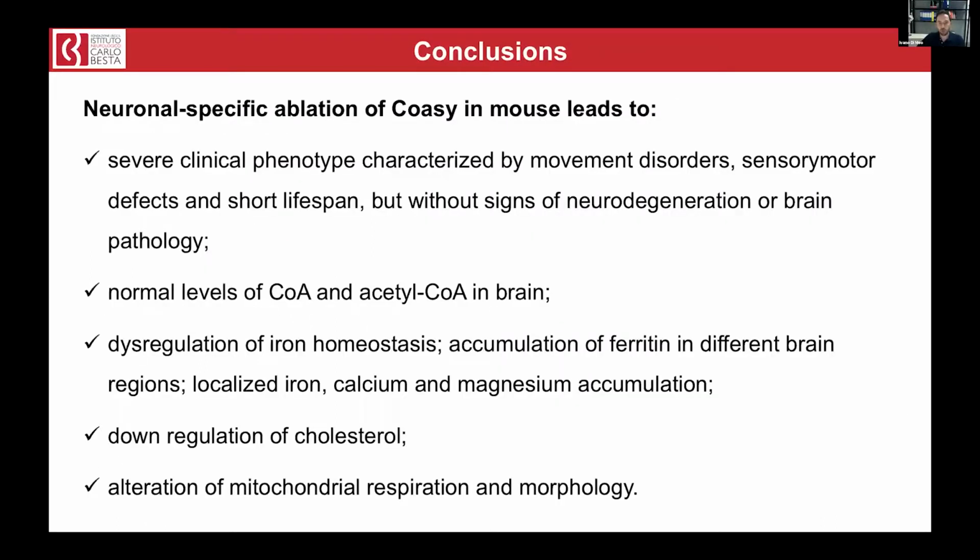So in conclusion, at the moment, we can say that the neuronal specific ablation of CoASY in mouse leads to the appearance of a very severe clinical phenotype that is characterized by the appearance of movement disorders, sensory motor defects, and a very, very short lifespan, but without any signs of neurodegeneration or, in general, brain pathology.